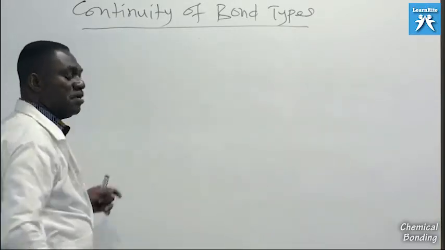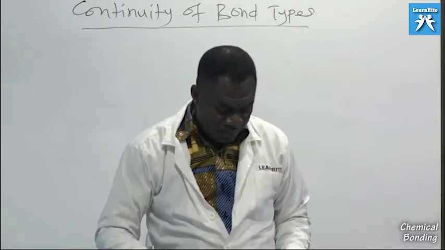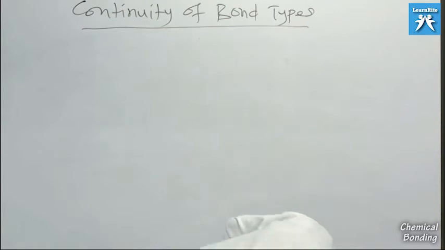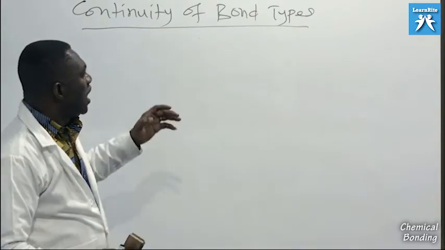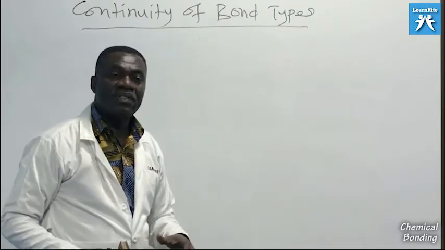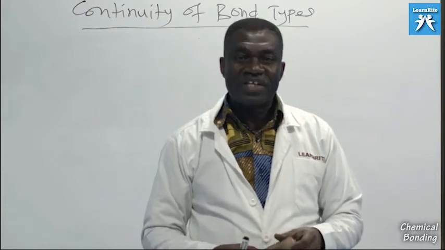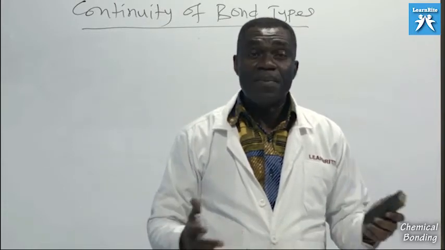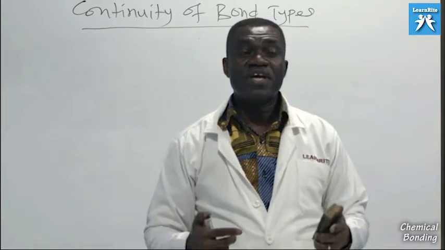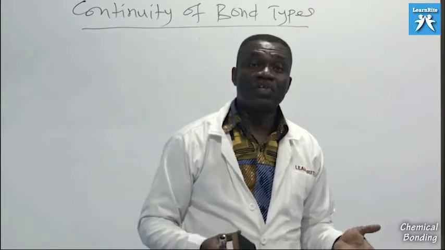Now, this theory is purely explained by use of electronegativity factors or electronegativity figures. So, if we have two atoms given with their electronegativities known, chemists have been able to determine, by just looking at those figures and finding the difference between them, whether they form an ionic compound or what?